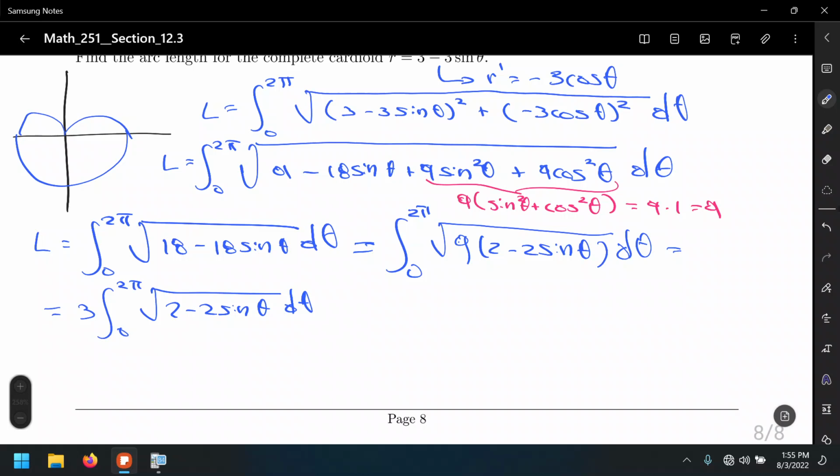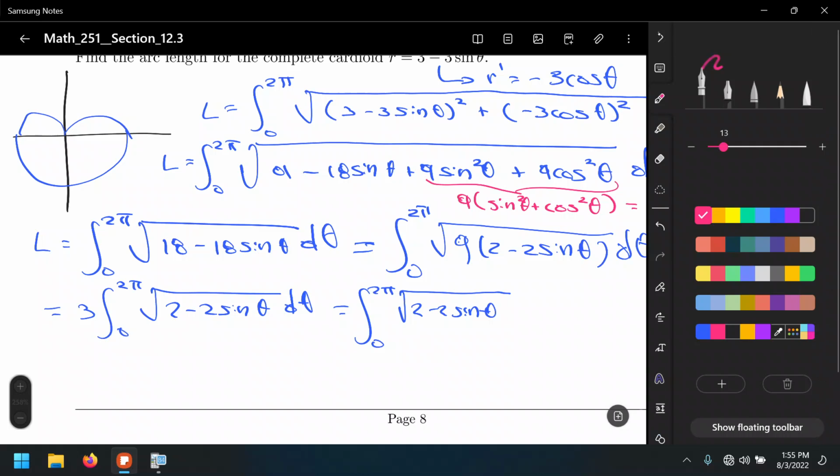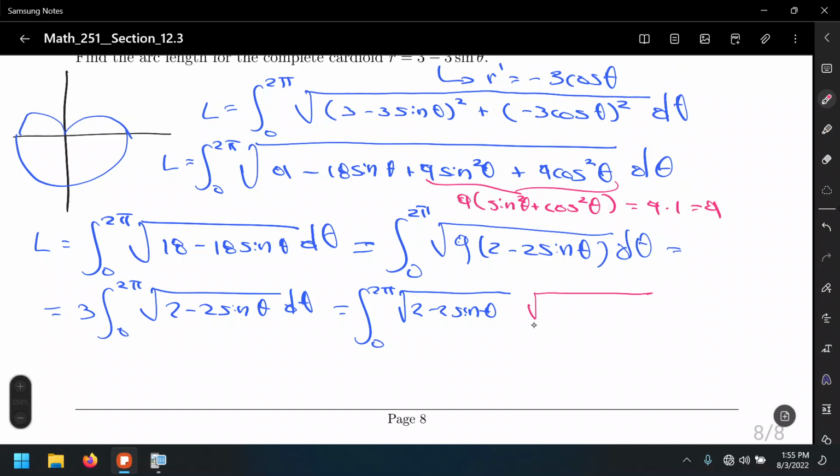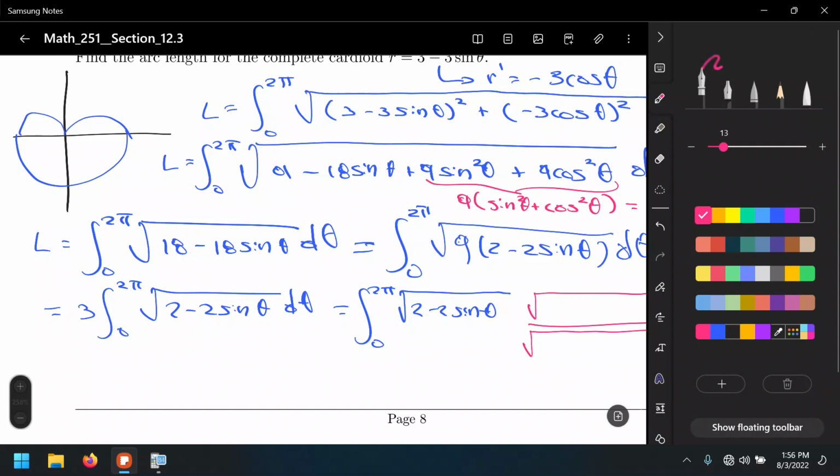integration techniques. All right, so that's the integral from 0 to 2 pi of the square root of 2 minus 2 sine theta. And what we're going to do here is multiply numerator and denominator by the conjugate of 2 minus 2 sine. What's the conjugate of 2 minus 2 sine? 2 plus 2 sine, right?